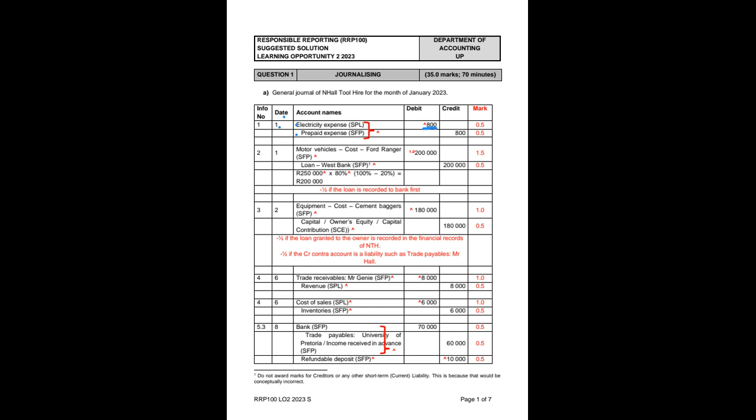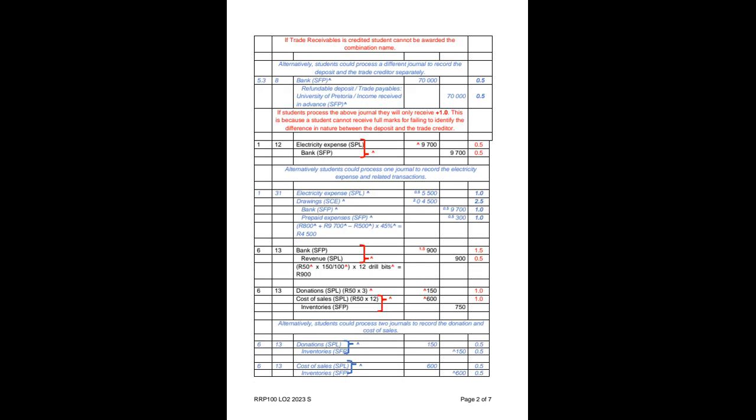Then if we fast forward to the 12th of the month, and that is going to be on page 2 of your solution, so go to page 2 of your solution, and there you will see that we are now recording the payment of electricity.